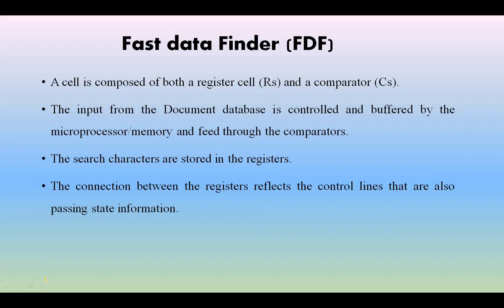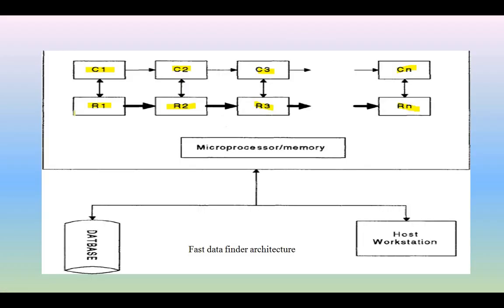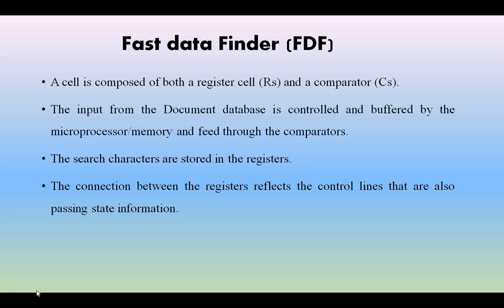Next, a cell is composed of both a register cell and a comparator cell. See here, C is there and R is also there. This is called a cell, which contains the comparator as well as the register. The input from the document database can be controlled and put into the buffer by the microprocessor. Normally the search characters are stored in the register cells.